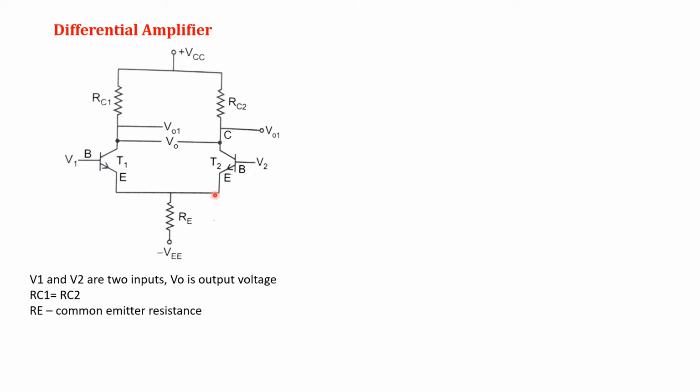Now we draw its symbol. The symbol of the differential amplifier is shown here. Here are the two inputs and we get one output V0.